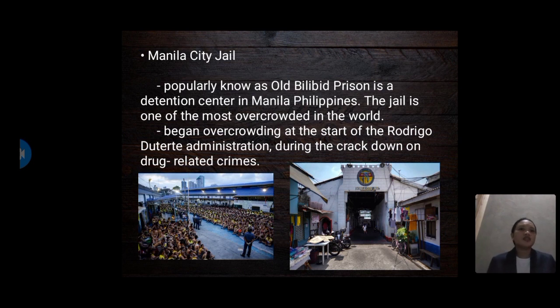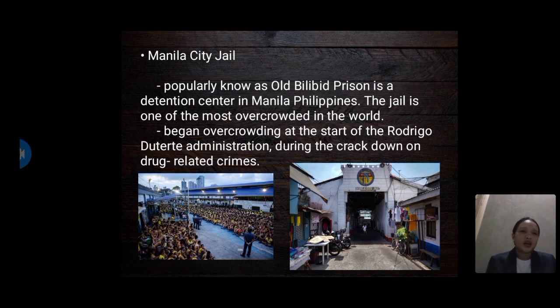Manila City Jail, popularly known as the old Bilibid Prison, is a detention center in Manila, Philippines. The jail is one of the most overcrowded in the world. The overcrowding began at the start of the Rodrigo Duterte administration, during the crackdown on drug-related crimes.